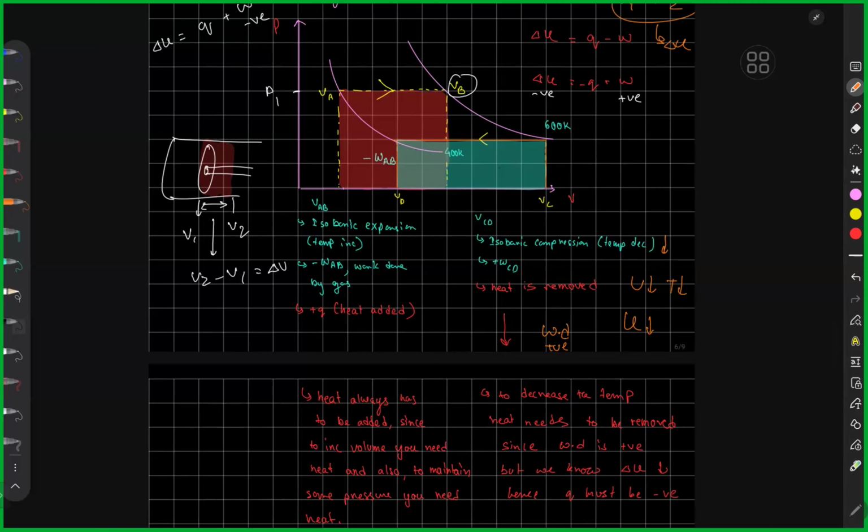We take heat away from the system, or negative Q. Heat is extracted from the system, and that compensates for my negative change in internal energy. Got it? Yes. Yeah, great.